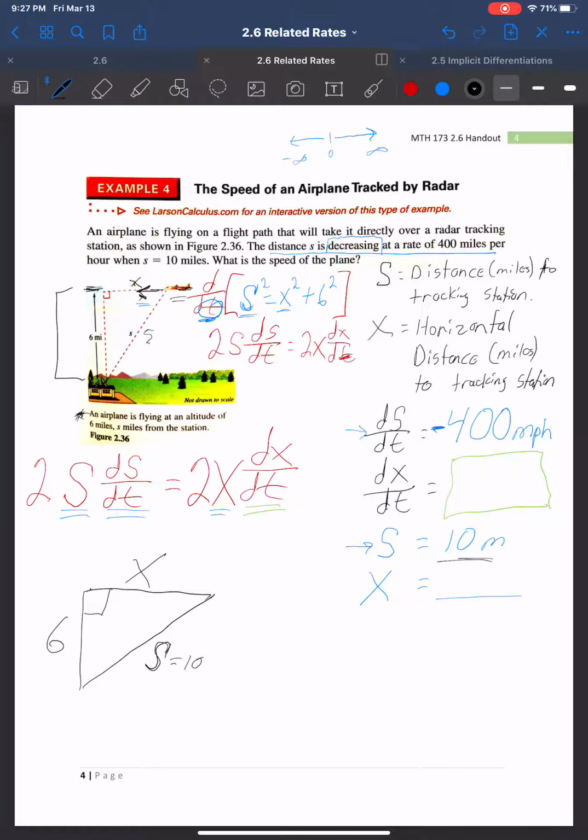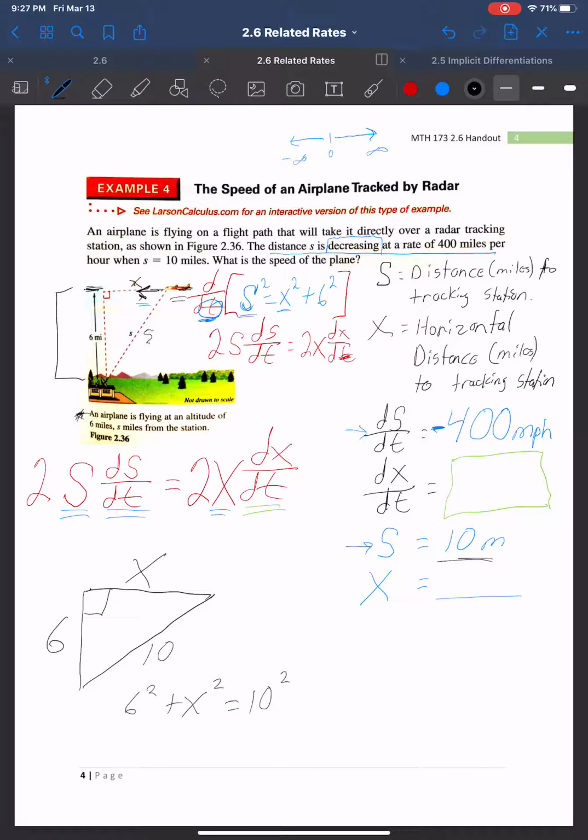All right. Now that means something. So if I know that s is 10, then I can solve for x. Okay? So obviously, I'll just go through this quickly. So we have 6 squared plus x squared is equal to, well, now it's 10 squared.